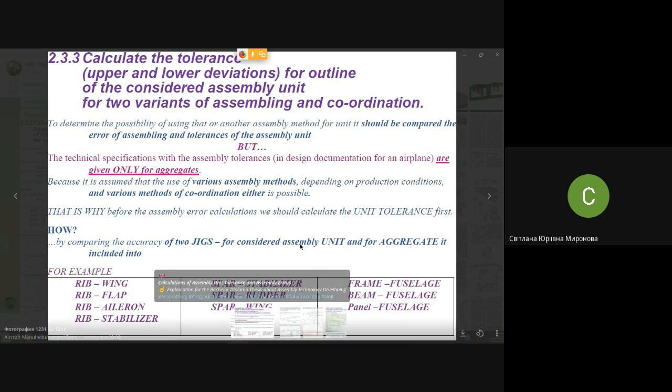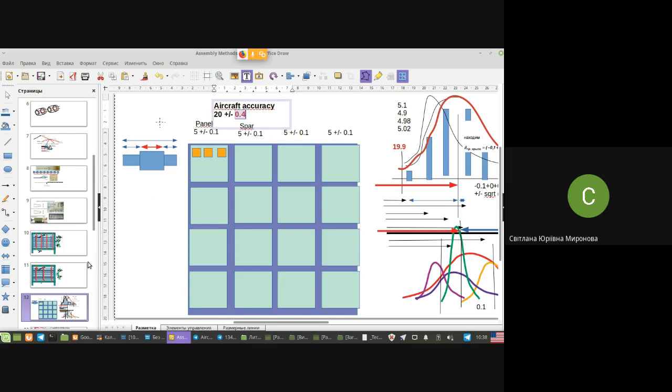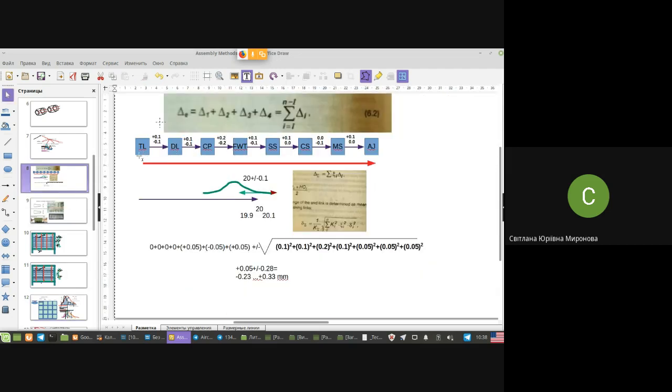What does it mean to compare two jigs? Once again, you need to compare their accuracy. And their accuracy, once again, I remind you, is practically the history of their pre-production and manufacturing.